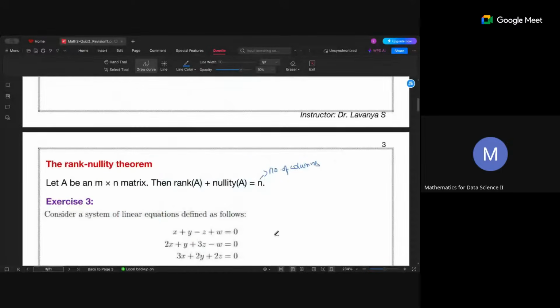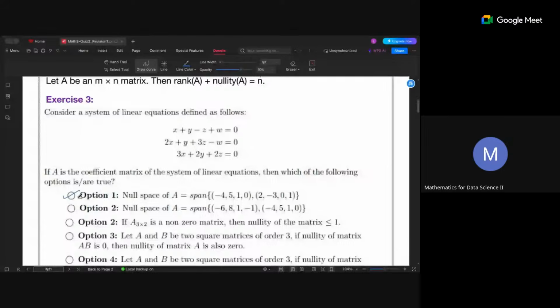Okay. For the first two options we have already verified. Next, let's move to the next three. If A, 3 by 2, is a non-zero matrix, then the nullity of... why is it 3 by 2? Is it asking for a general matrix, or is the statement not correct?